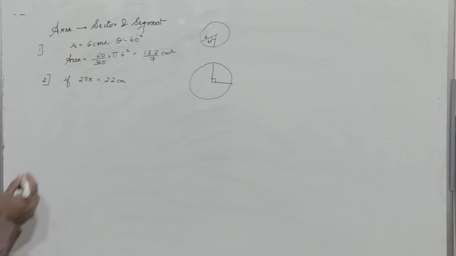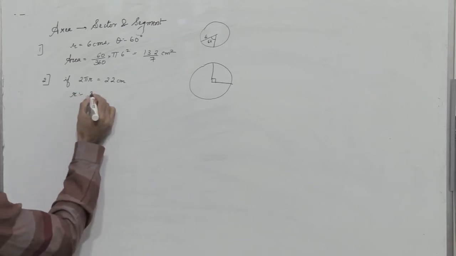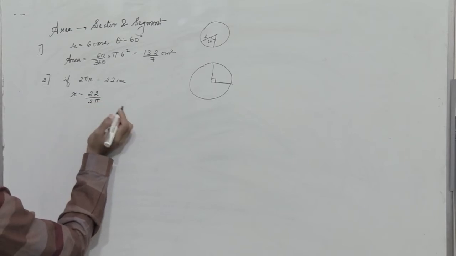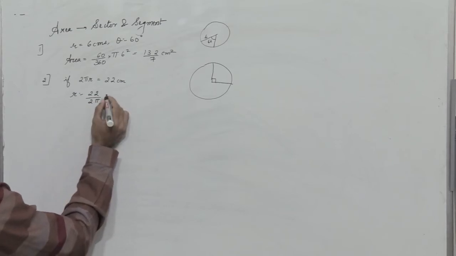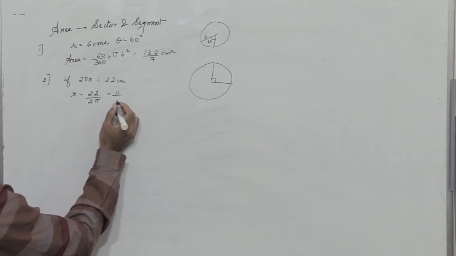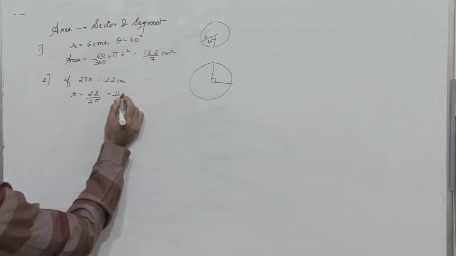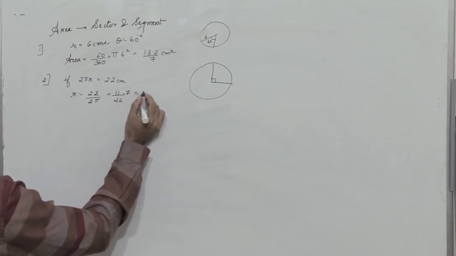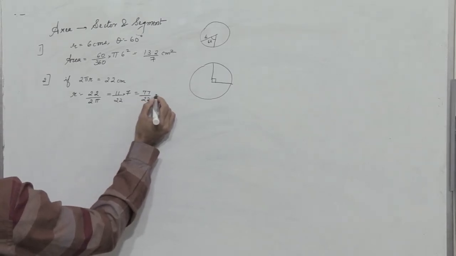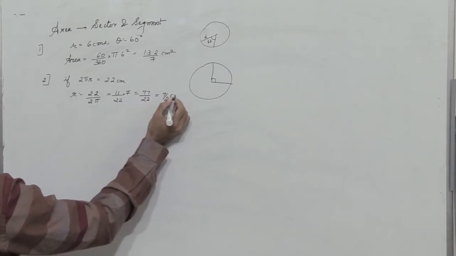Therefore we can find the value of r. R is 22 by 2 pi, which is 11 by 22 into 7, which gives us 77 by 22, or 7 by 2 centimeters.